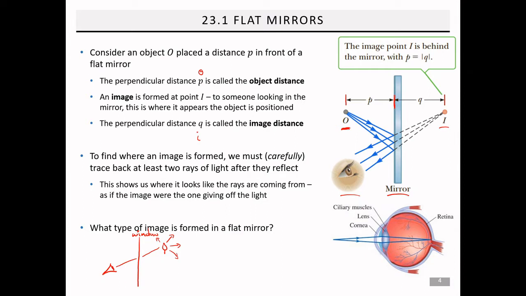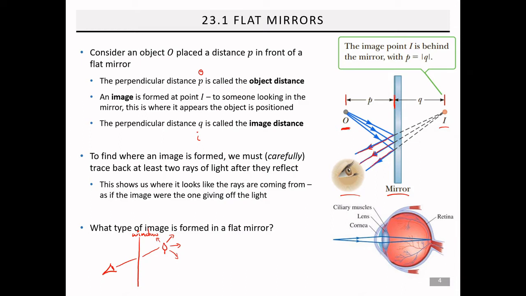In general, to find where the image is formed, you have to trace back at least 2 rays of light after they reflect in the mirror or after they refract through a lens. In the figure on the right, the light rays that are reflected are the ones traveling toward the eye.